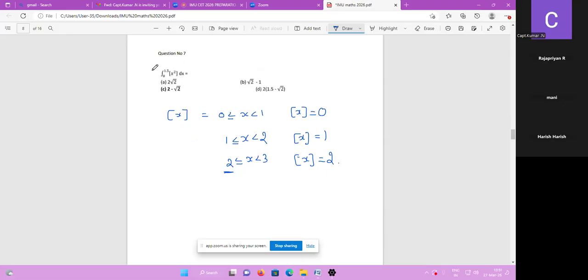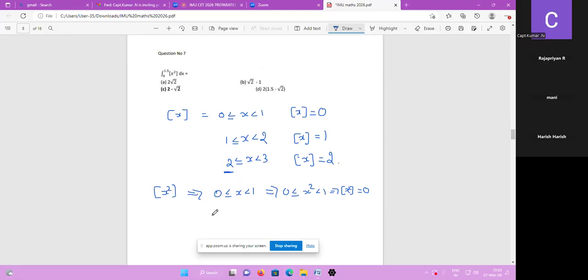Now we will do this; they have given x square. Okay. Now look at this. If 0 less than x less than 1, this implies that 0 less than x square should also be less than 1. So here your function value will be 0. Now at root 2 it becomes 2.